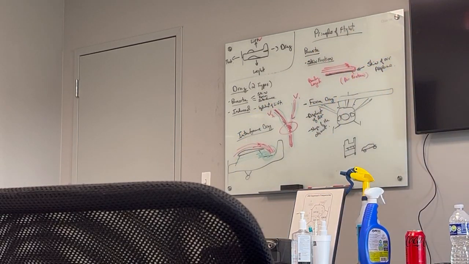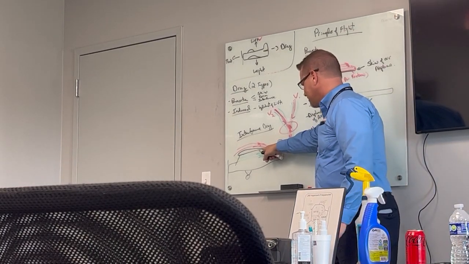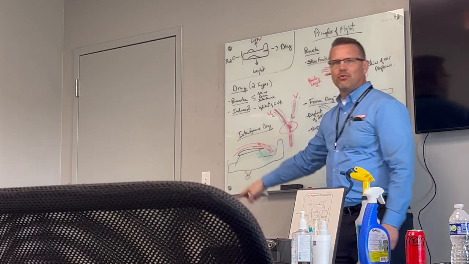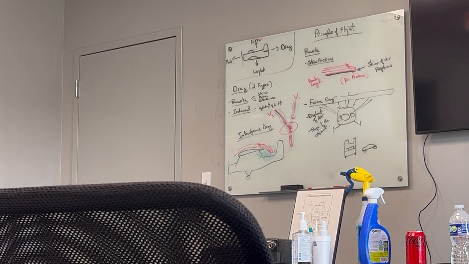A lot of times in your drawings you'll see where the wing meets the body. It's in those connection points that this occurs. I drew it a little further back, but it's basically right in here where those two streams right past the wing would meet. That would be a point of interference drag.